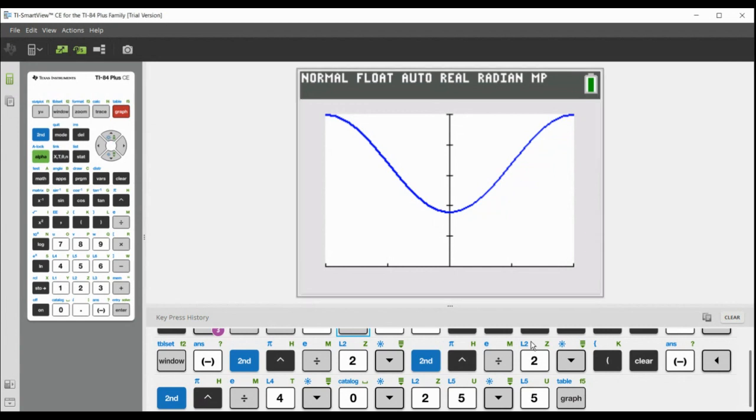I graphed y equals 16 plus 9 sine squared of x, so y is the vertical axis, x is the horizontal axis. But I could instead let my horizontal axis be theta. Well, the 16 plus 9 sine squared of theta graph is symmetric about theta equals 0.